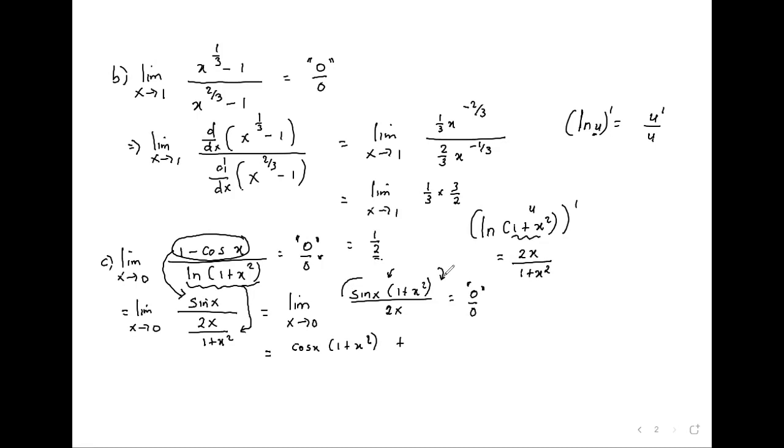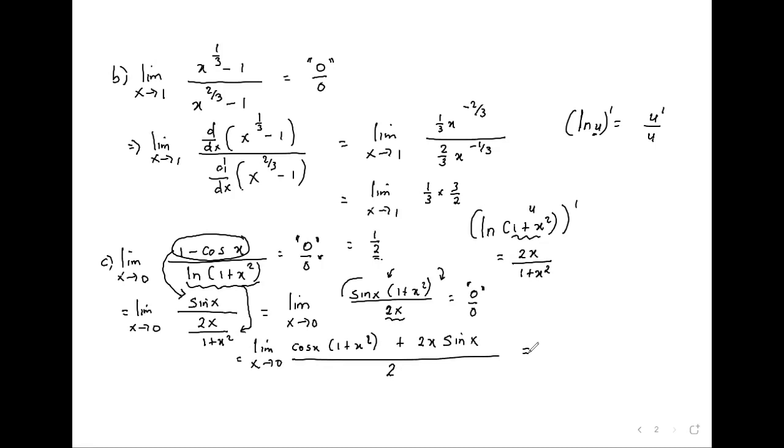So we have sin x, the derivative of sine is cos, and then we multiply by 1 plus x squared, plus the derivative of 1 plus x squared, which is 2x. We multiply by sin x as it is, and then divide by the derivative of 2x, which is 2. So we're still getting the limit as x goes to 0, implying that we can now substitute because the denominator cannot be 0.